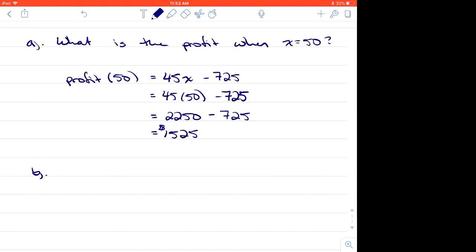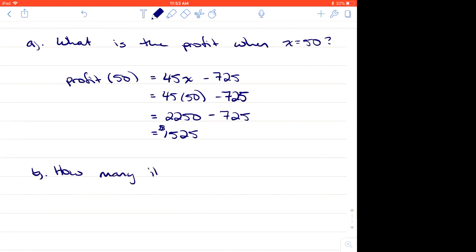And so that's interesting to know, how many things do I have to sell in order to start even making a profit? So how many items do we need to sell to earn $0 profit?